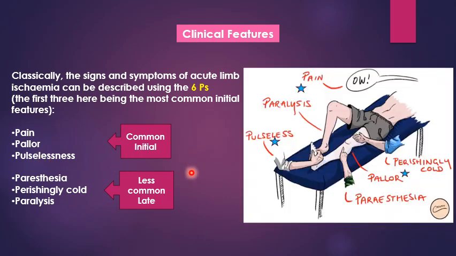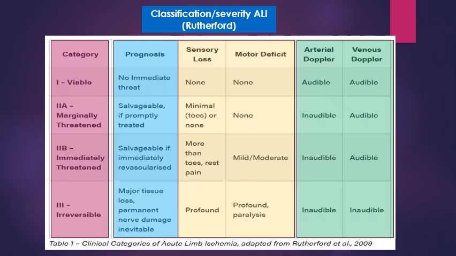Here the picture shows you the various 6 P's: pain, paralysis, pulselessness. Okay, this is very important. Then the other 3 will be paresthesia, where the patient has sensory abnormalities; pallor, where the limb becomes pale; and perishingly cold. See the 6 P's, you must remember.